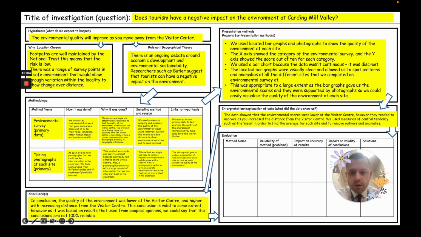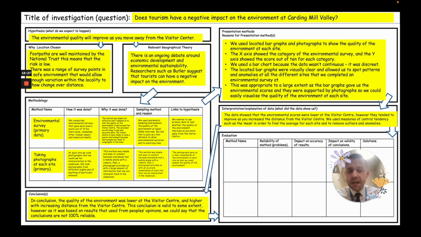Right, so I might have read that a little bit wrong, but ultimately, you need to get into your heads the following. The validity of the conclusions is based upon the accuracy of the results, and the accuracy of results is based on the reliability of the methods.